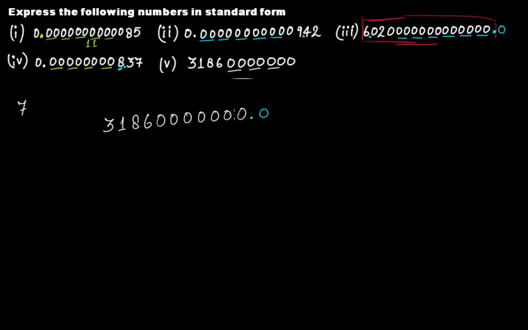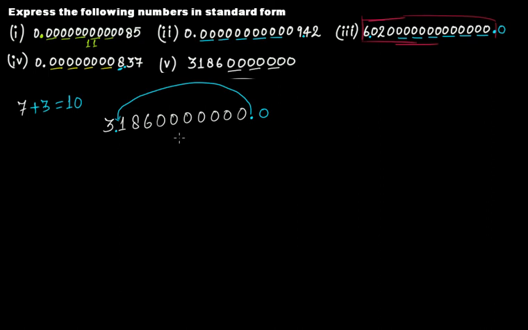Now I want this decimal point from here to here at this position. You have to move it towards the left, and by how many digits? 7 zeros, and then these 3 digits, that is 7 plus 3, so you have to cross over 10 digits towards the left.